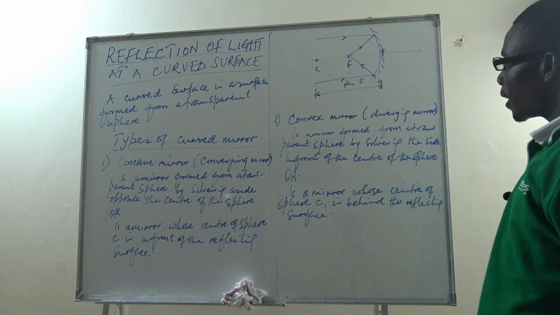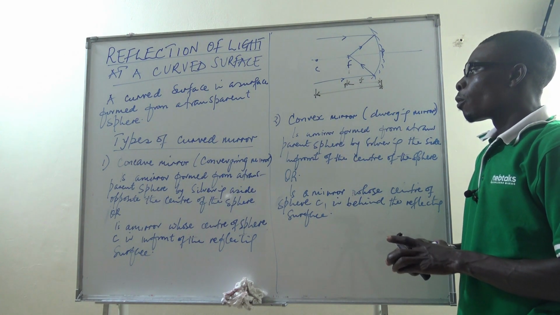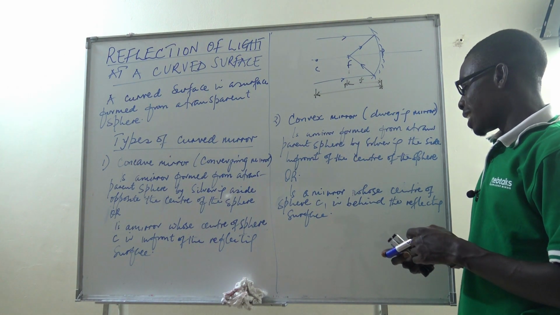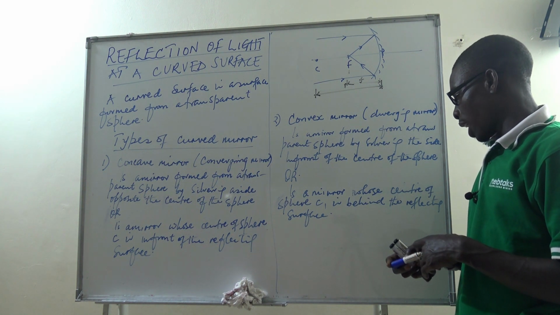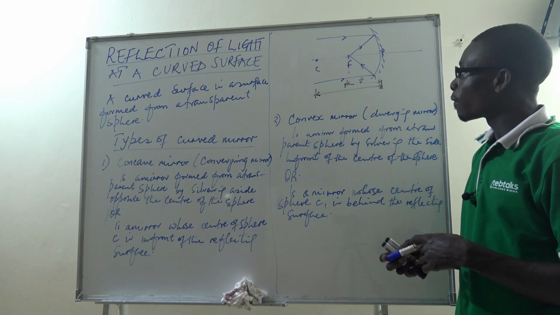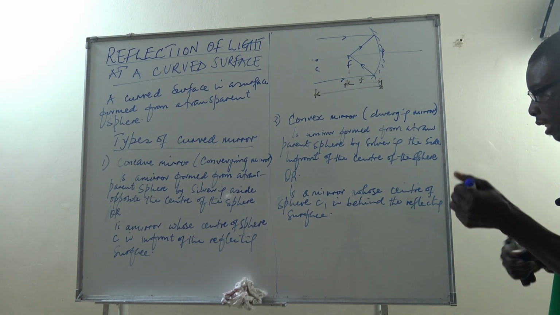You can define that and say that a convex mirror is the type of mirror where you would find the center of the sphere, of which it was a part, is behind the reflecting surface. Is that okay? So what do we mean in this case here?